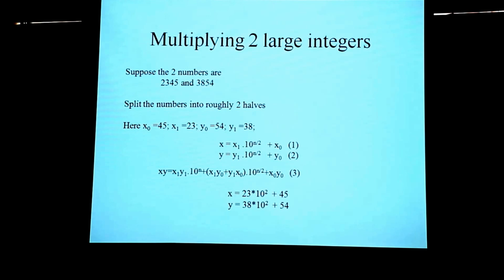Let's see an example. 2345 and 3854. I split it. My x naught is the rightmost half, the right half is my x naught, the left half is my x1. So x naught is 45, x1 is 23, y naught is 54, y1 is 38. I am writing x as x1, x naught, and y as y1, y naught.